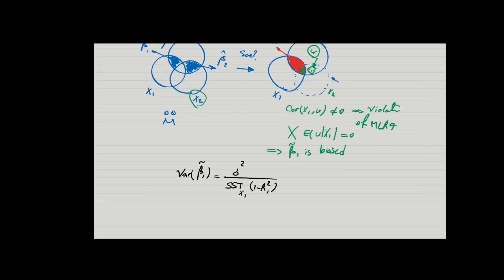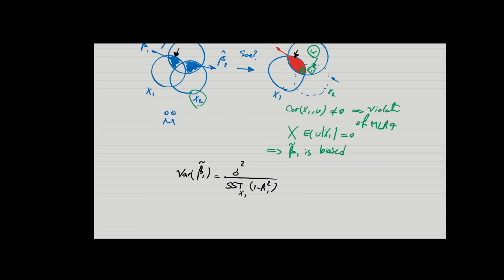But what we can say is that, well, I want you to think about intuition. Intuitively, I want you to compare, let me use black, this blue shaded area with this red shaded area.